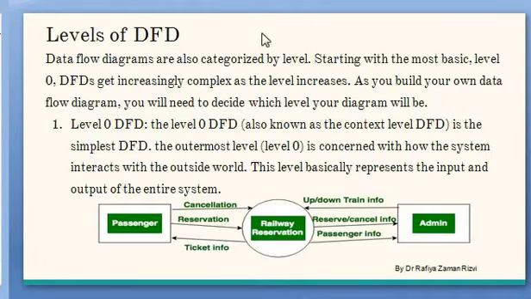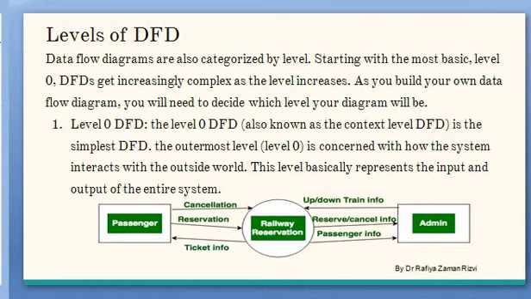Next we come to levels of DFD. Now there are basically 3 levels of DFD that we'll be studying. Data flow diagrams are also categorized by levels, starting with the most basic level 0. DFDs get increasingly complex as the level increases. As you build your own data flow diagram, you will need to decide which level your diagram will be.